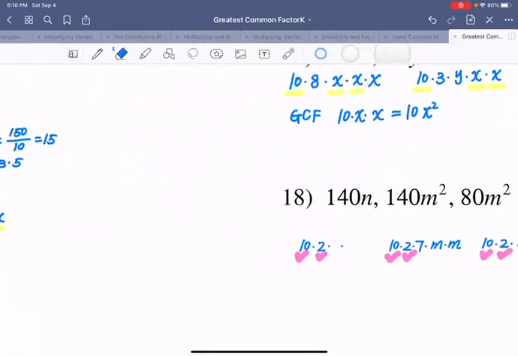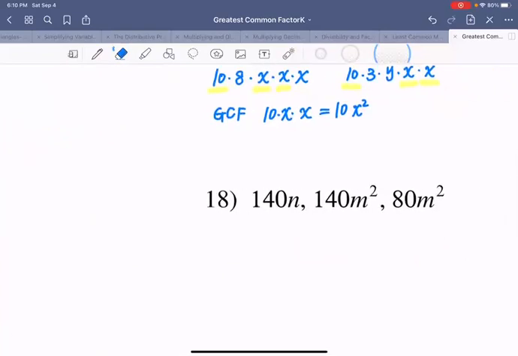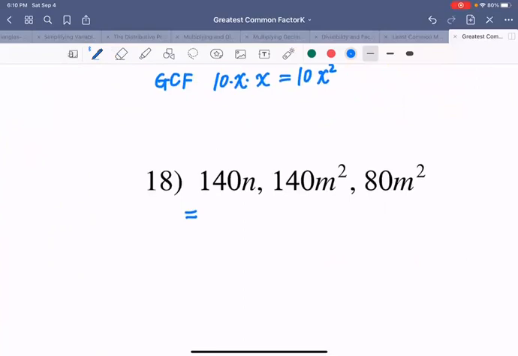Oh, this looks a little bit complicated. Let's have the other student take a turn. Go ahead. When they all have 0, what are we going to do? Cancel the 0, so it's 14, 14, and 8. 14 is 10 times... we want to do 2 by 7.